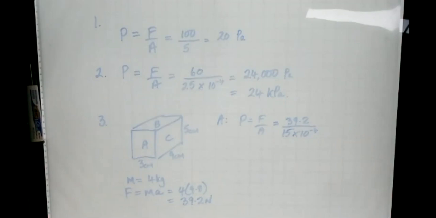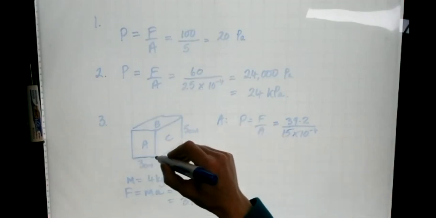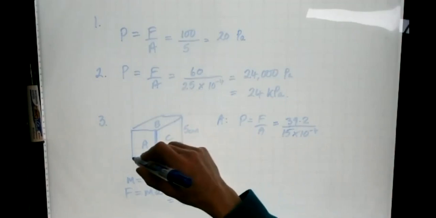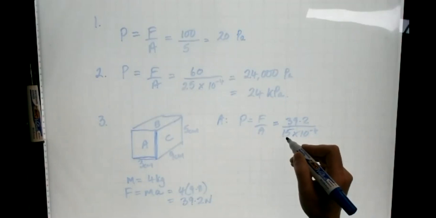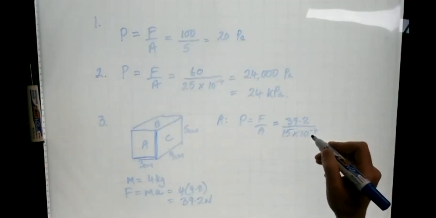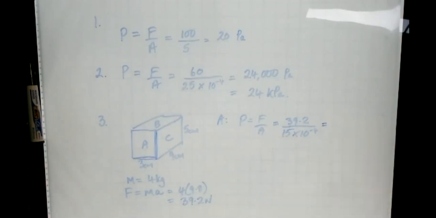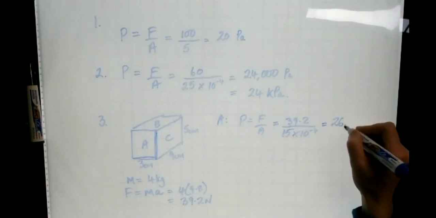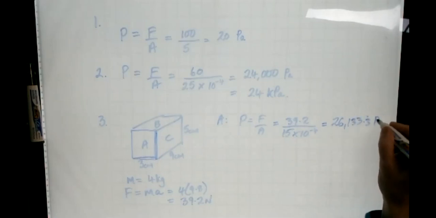So 39.2 newtons is the force, divided by 15 times 10 to the power of -4 meters squared. That gives about 26,133 Pascal.